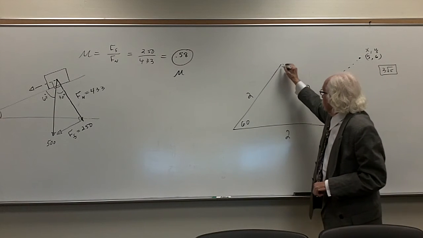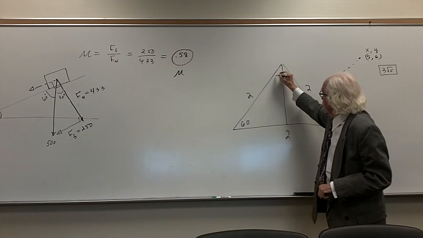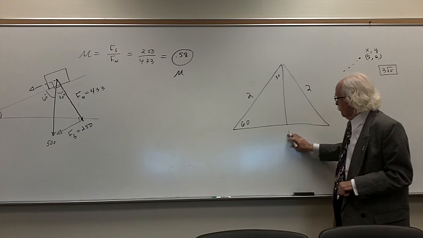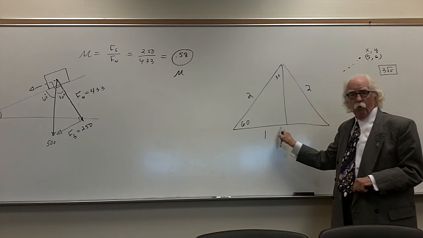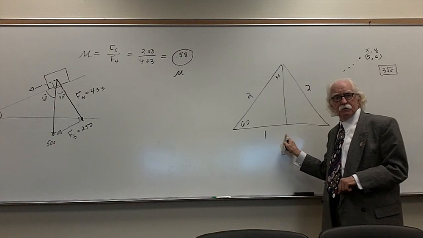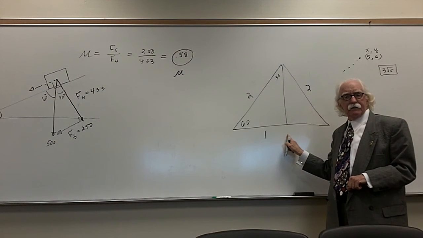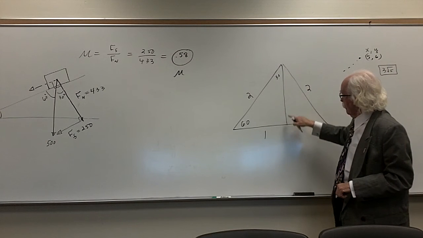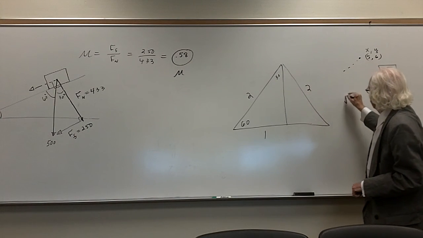If I drop a perpendicular line, then that makes that 30 degrees. That also makes this 1 from here to here, right? Do you see how this value right here becomes this?